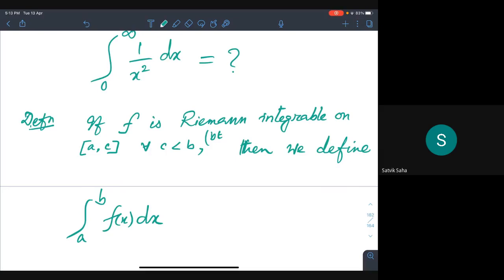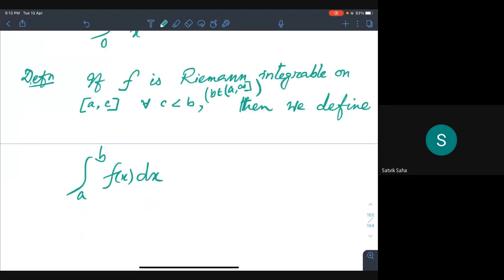So how should I write? a to infinity, closed. Then we define this one as limit c tends to b of integration a to c f(x) dx. Right? Is this clear?